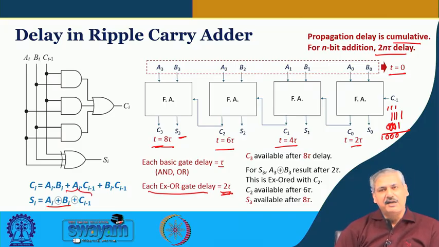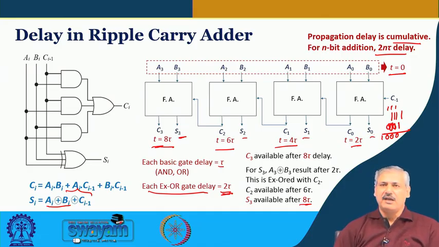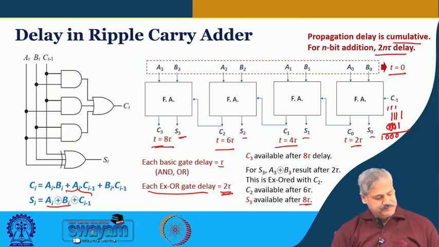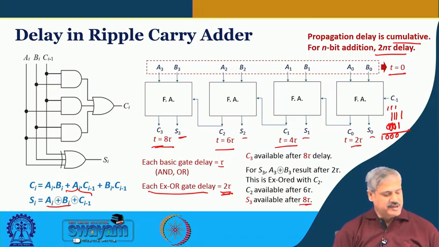So, this 6 tau and 2 tau together, 8 tau, will be the time after which S 3 is also available. That is the maximum time required; others are available a little earlier. But considered as a whole, this 4-bit addition will require 8 tau amount of time in the maximum case, when the carry is there at the endmost point.